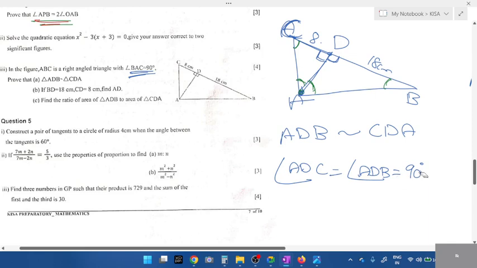If we just want to prove it, students, just make a note. Look here, 90 degrees. This angle A is opposite to 90, 18 centimeters. There's a value given.